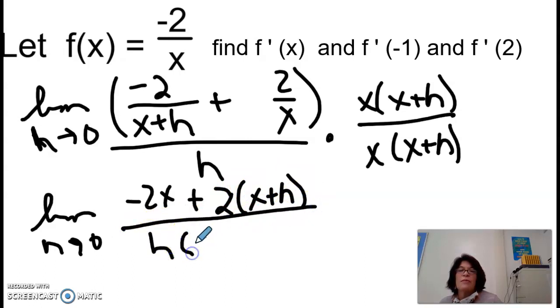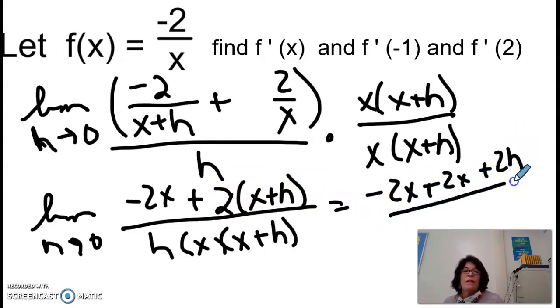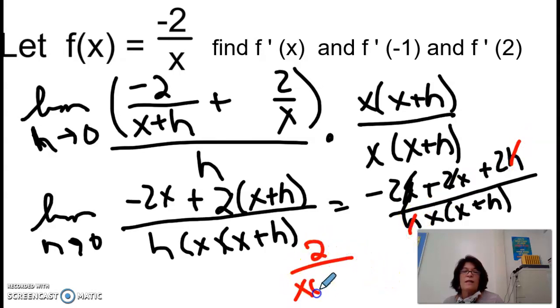I am just simply going to write the denominator. I'm going to put the denominator together. It's h times x plus h. Okay? We'll distribute the 2 through. That'll give me a 2x plus 2h all over h times x plus h. Negative 2x plus 2x is nothing. Now the h will cancel here. So it looks like I have 2 over x plus h.